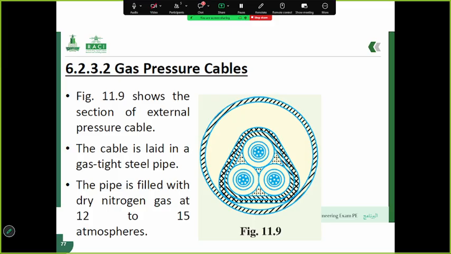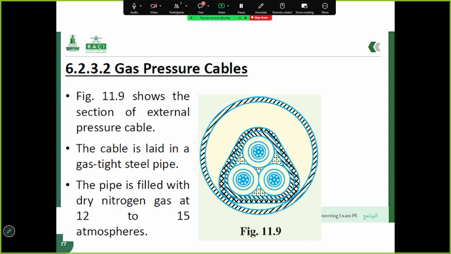So this slide explains the details of gas pressure cables. These cables are a type of pressure cable used for high voltages, as solid type cables are unreliable for voltages above 66 kilovolt. As shown in this figure, these cables consist of three cores, each individually insulated.